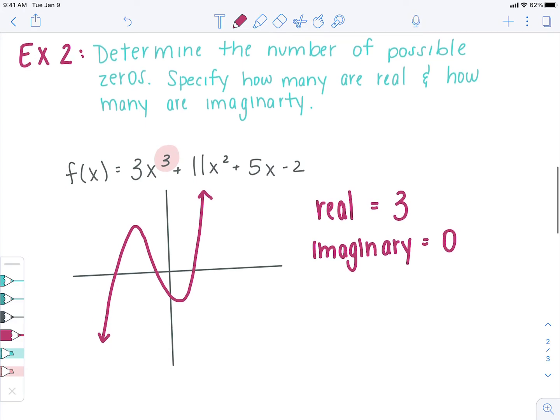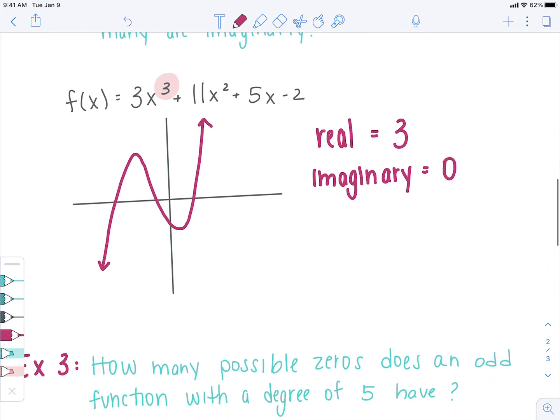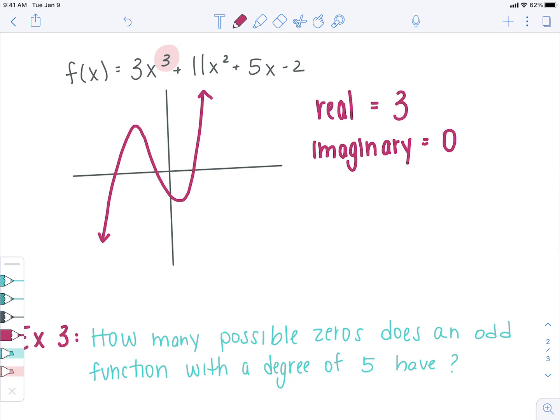Then I could give you absolutely no information, and I could say, how many possible zeros does an odd function with a degree of 5 have? How many could it have? 5, right?